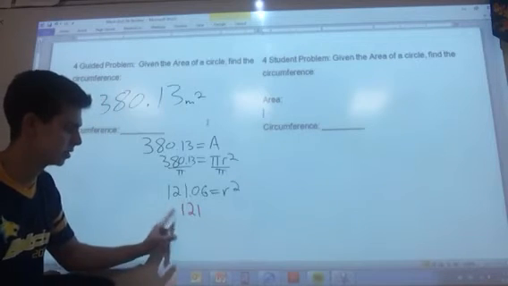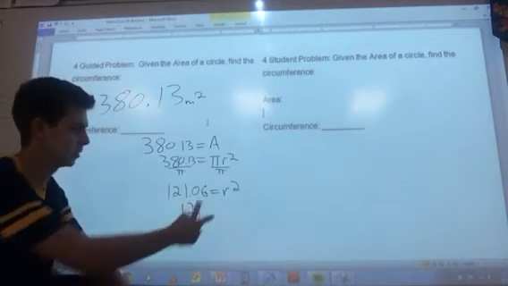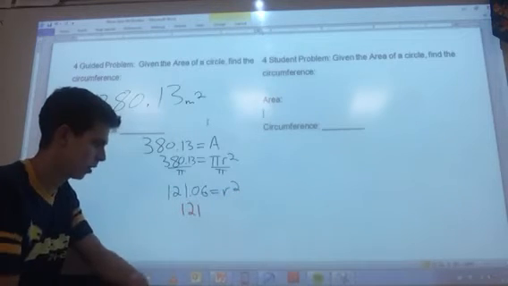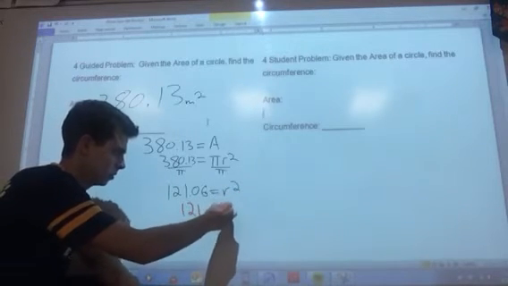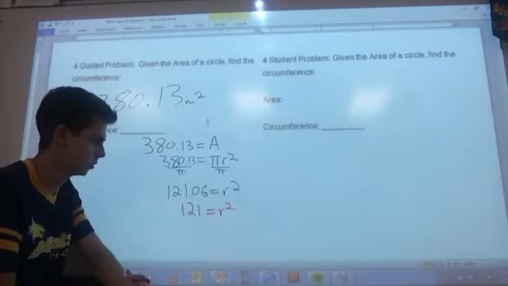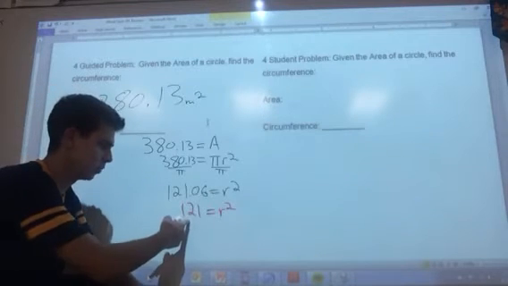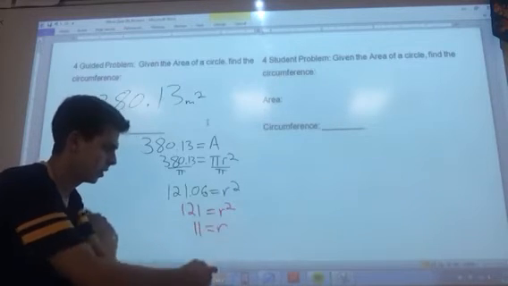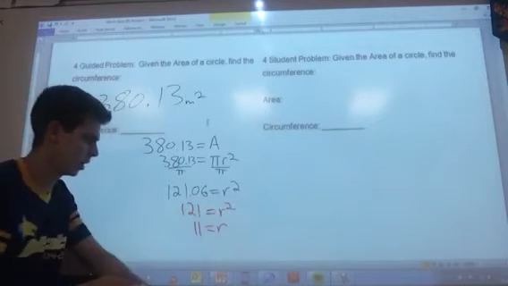The reason I know that is this is a perfect square. We need some value of r that when multiplied by itself gives a perfect square. 121 is equal to r squared, and the square root of 121 is 11. 11 times 11 is 121.